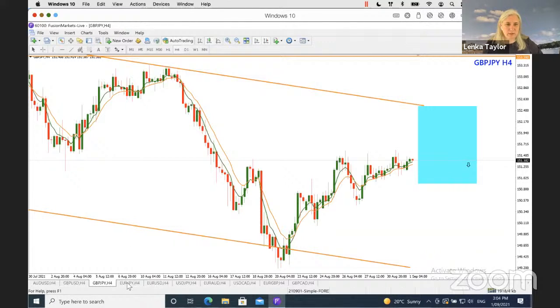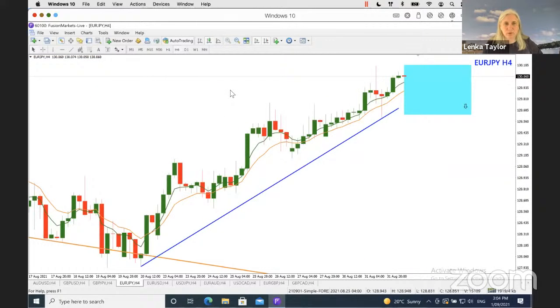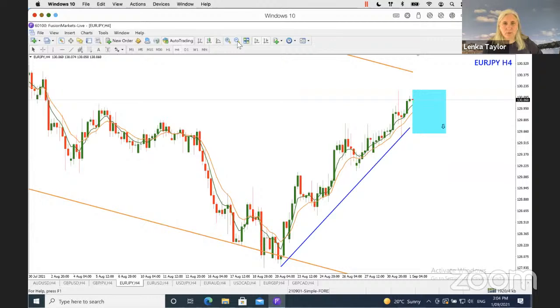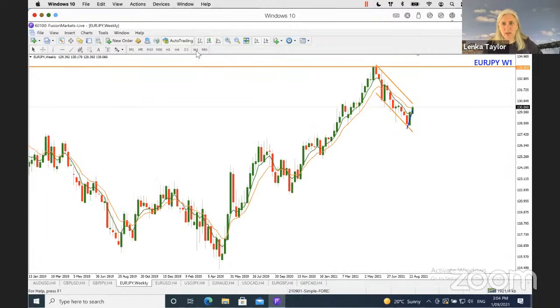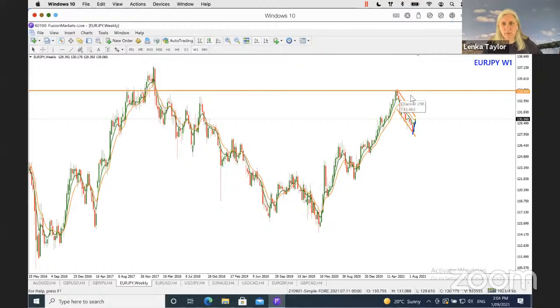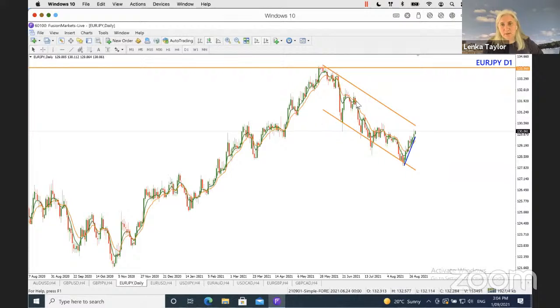All right, the next currency pair I'm looking at is EURJPY, and I'm also looking for a short. In terms of where we are at, just at the top there, it had a bit of a run down already, but now it's still within that channel.